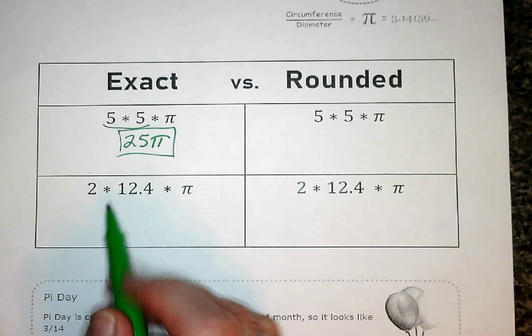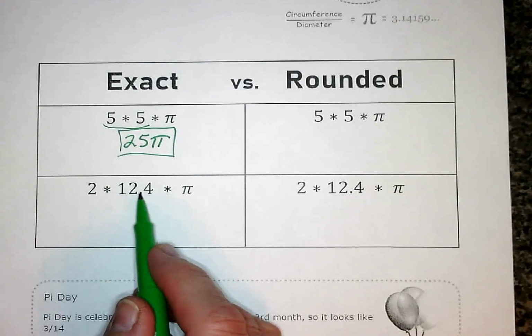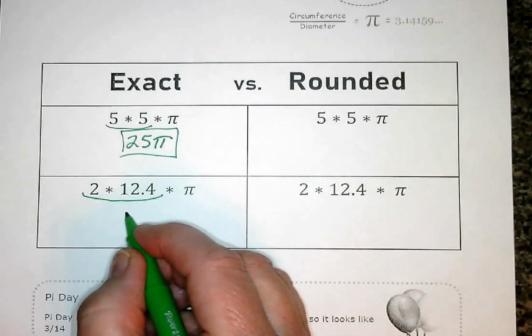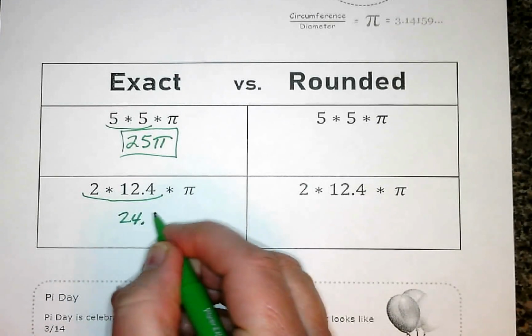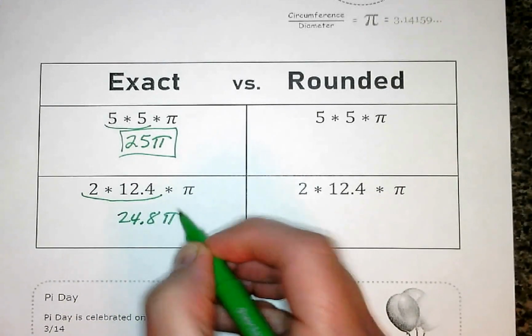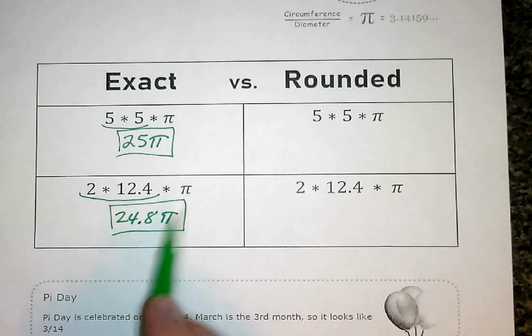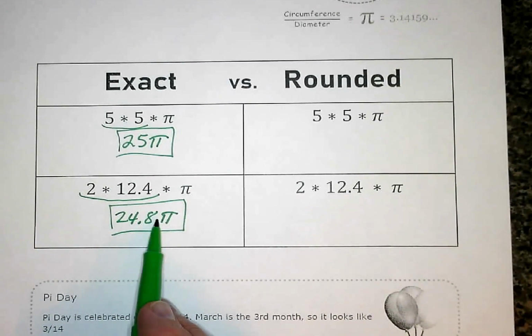Same thing down here. I take 2 times 12.4 times pi. I actually just multiply these numbers here, 24.8, and I put the pi on the end, and that would be my exact answer. This space in between here actually means multiplication.